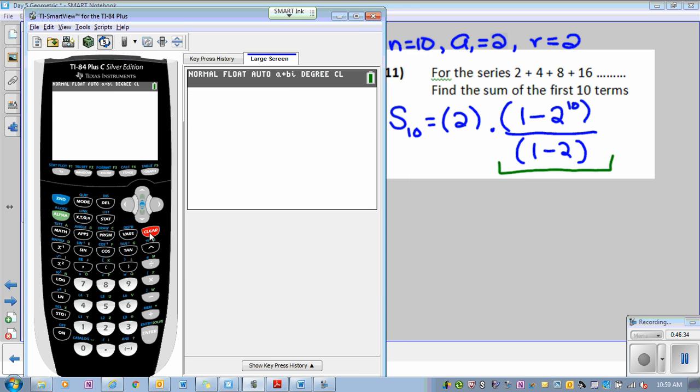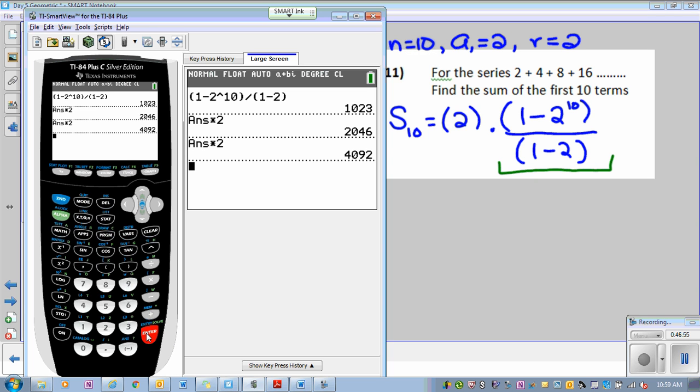Alright, so what do I have? I have 1 minus 2 to the 10th divided by 1 minus 2. Yeah? Hit enter. Okay. Times 2, because you got to times it by a sub 1. Oh no, went too much.